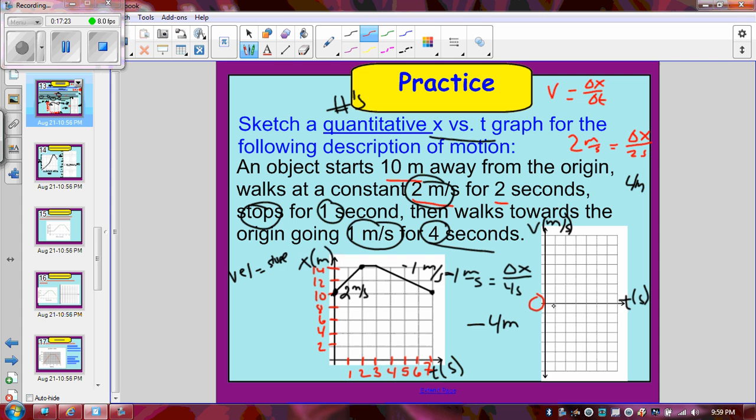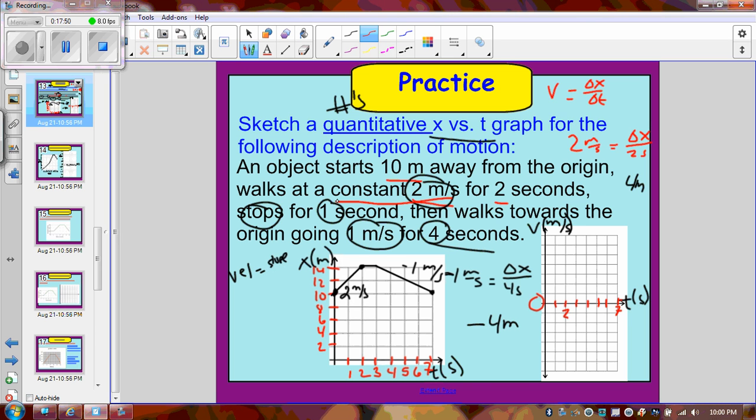For the first 2 seconds, and let me mark this out, 1, 2, 3, 4, 5, 6, and 7 seconds. You always want to mark it the exact same way you did the position graph, for the time anyways. That way you can compare apples to apples. For the first 2 seconds, we are told the object is going at a constant 2 meters per second, meaning the velocity is not changing.